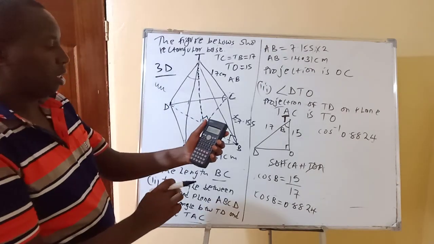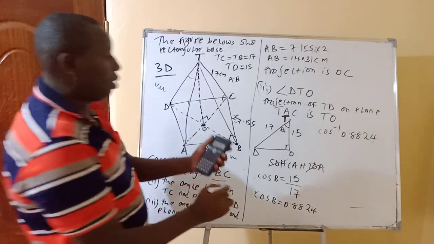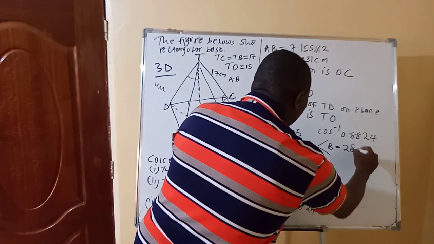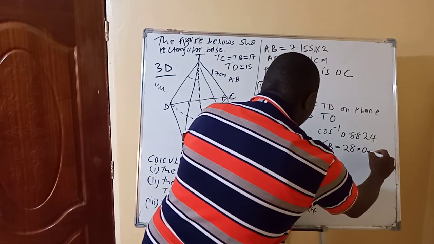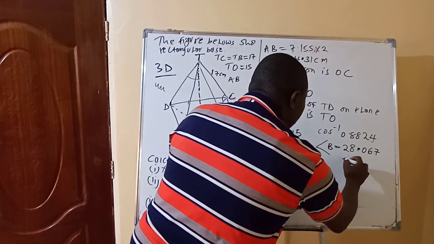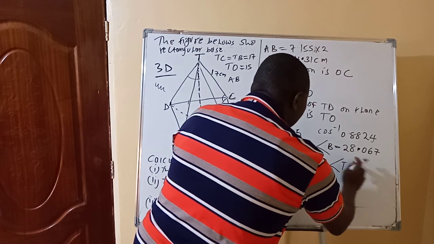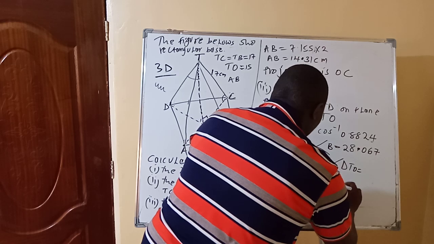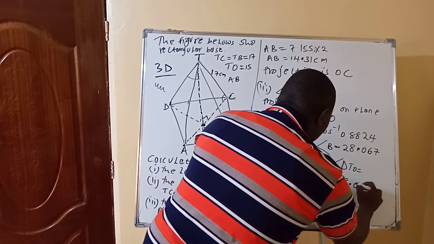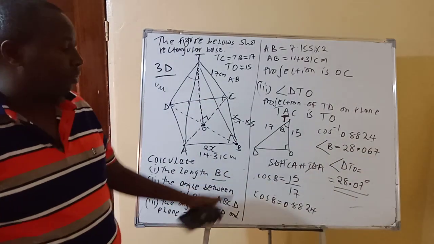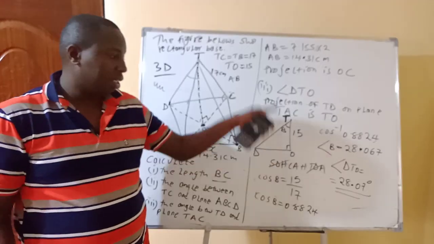The required angle beta is 28.067 degrees. So DTO is equal to 28.07 degrees, writing the angle in 4 significant figures.